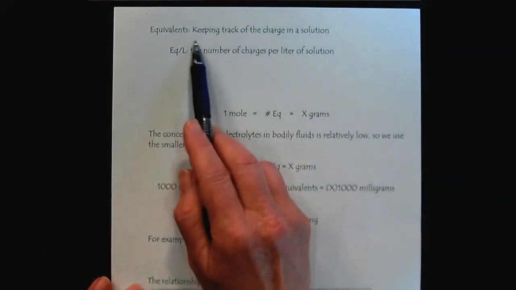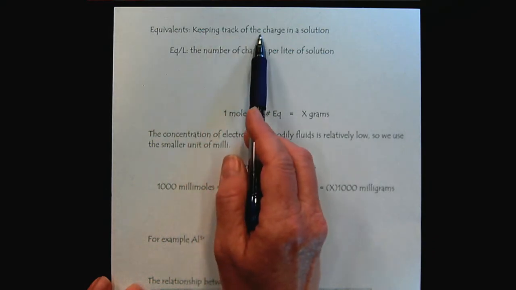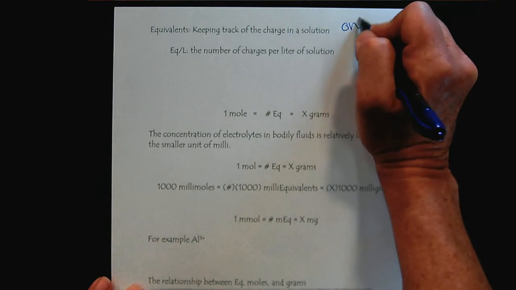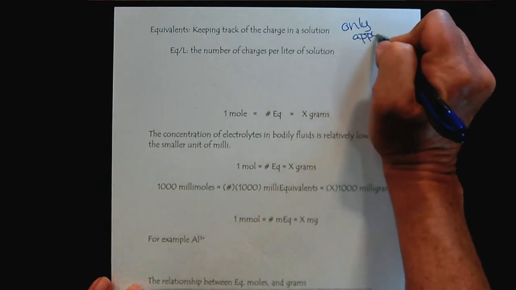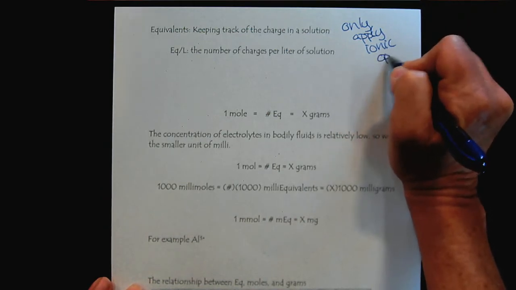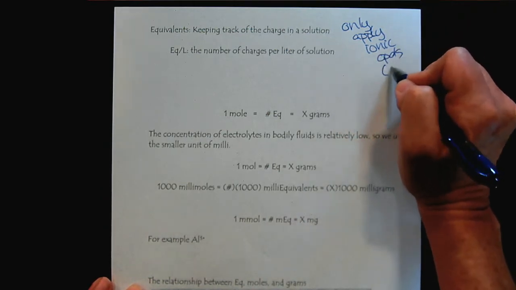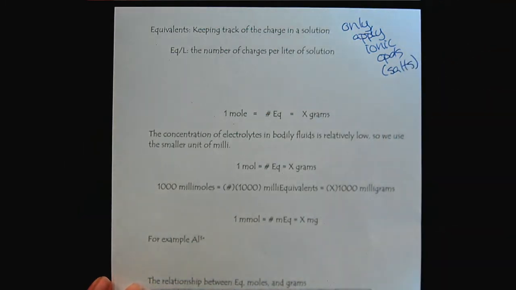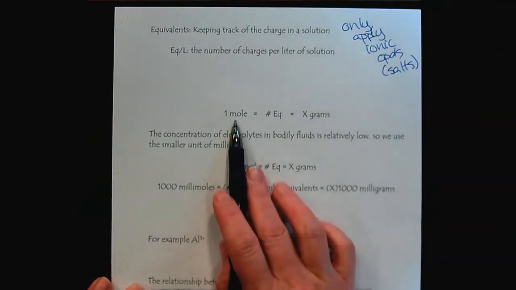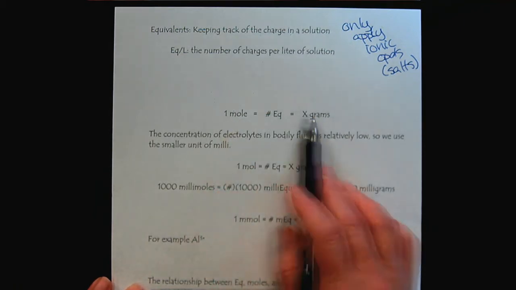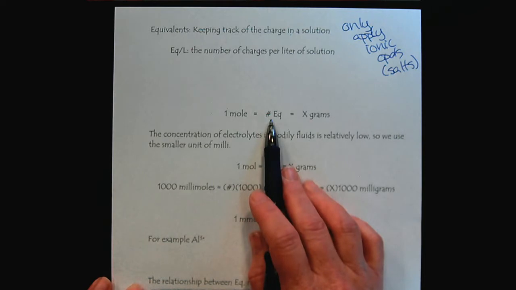Let's begin. So equivalents are used when we're keeping track of the charge in a solution. Equivalents only apply to ionic compounds, also referred to as salts. Now, equivalents are related to the mole and the molar mass, and then we have to bring in charge.